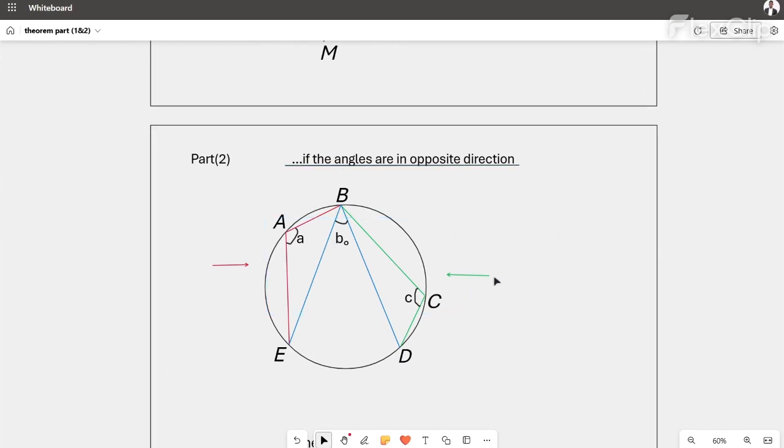This Fredonm theorem is very new, and in this channel we're introducing this Fredonm theorem to the world of mathematics. And this is a very helpful theorem. As you can see, when you have a case like this, the theorem shows the relationship between these three values here, which are angle A, angle B naught, and angle C.